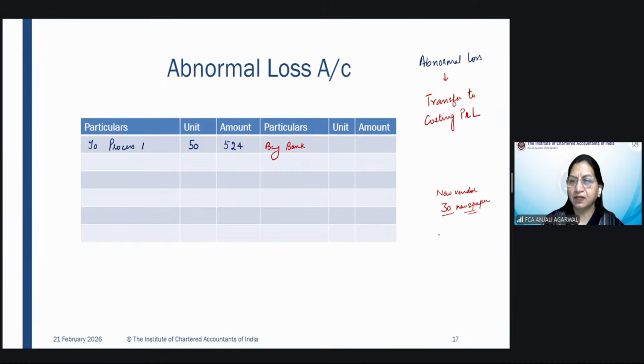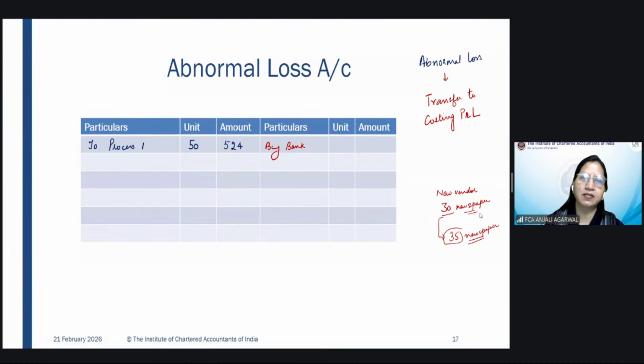Now, if one particular month you sell 35 newspapers as scrap, does he say that you have picked up your neighbor's newspapers, I'm not going to pay you for these five? Nothing like it.